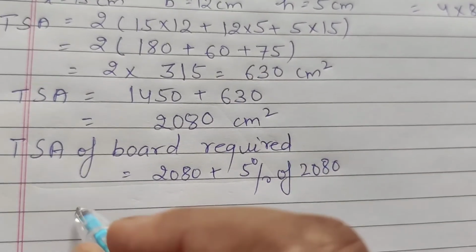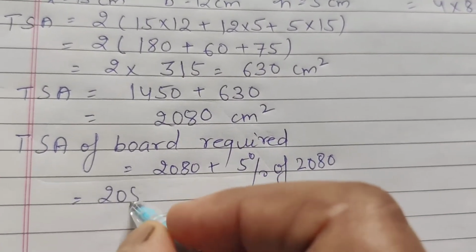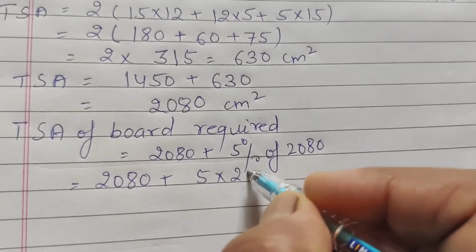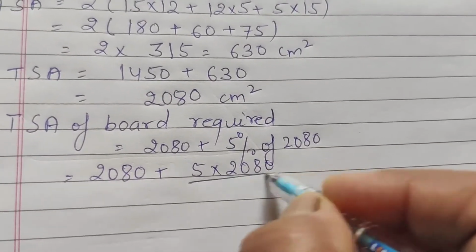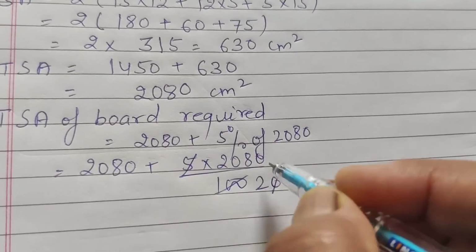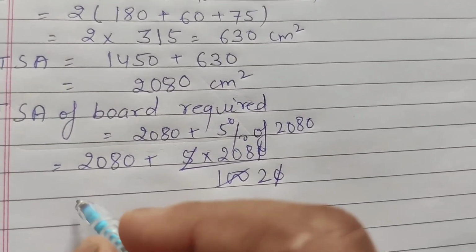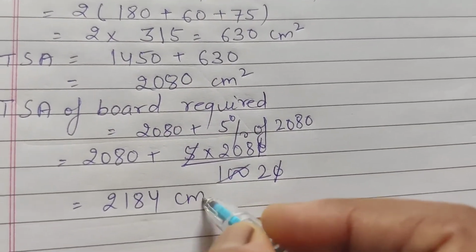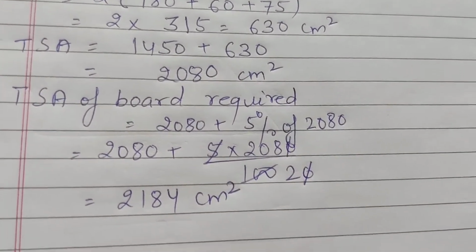It means 2080 plus 5 into 2080 by 100. Now cancel 20, 104. 2080 plus 104 means 2184 centimeter square. Total surface area needed for box.